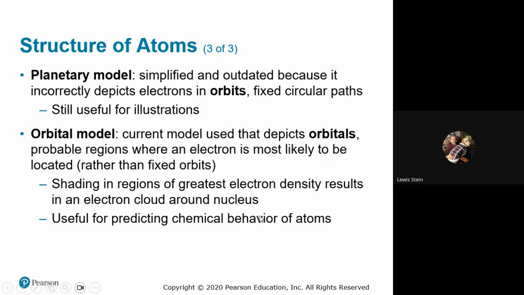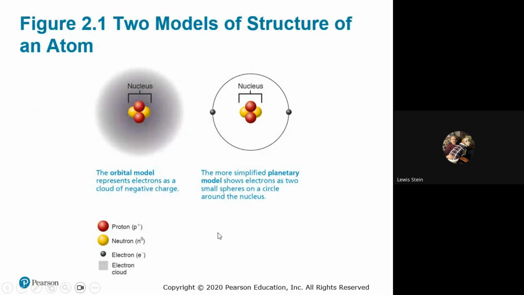So orbital shading in the region is useful for predicting. So you could do it like this. This happens to be helium, where the red are the protons and two neutrons that are there.